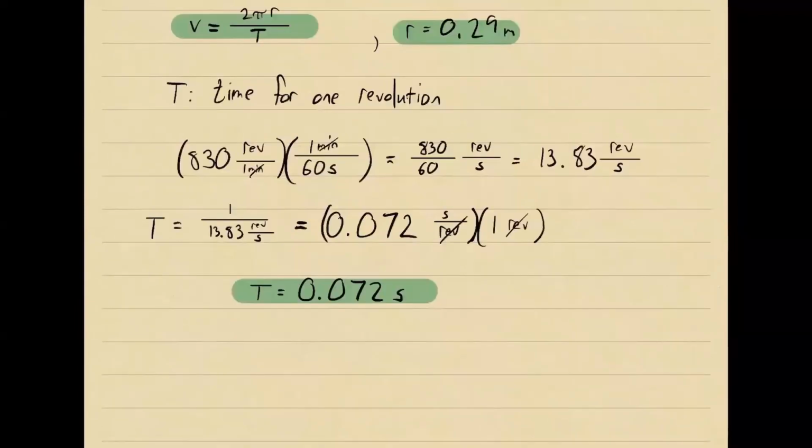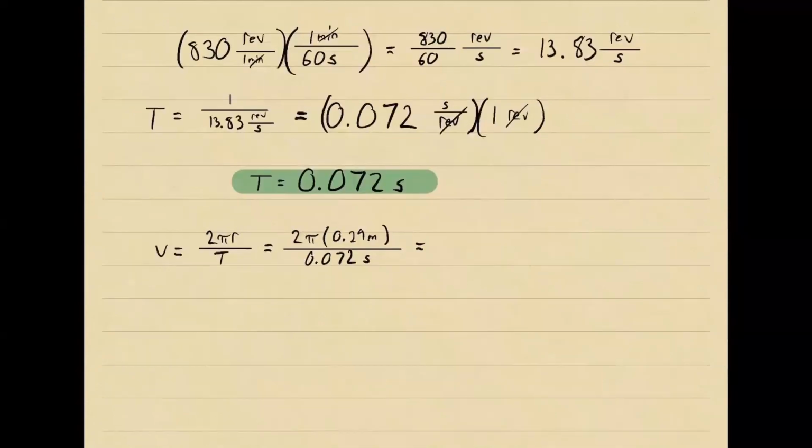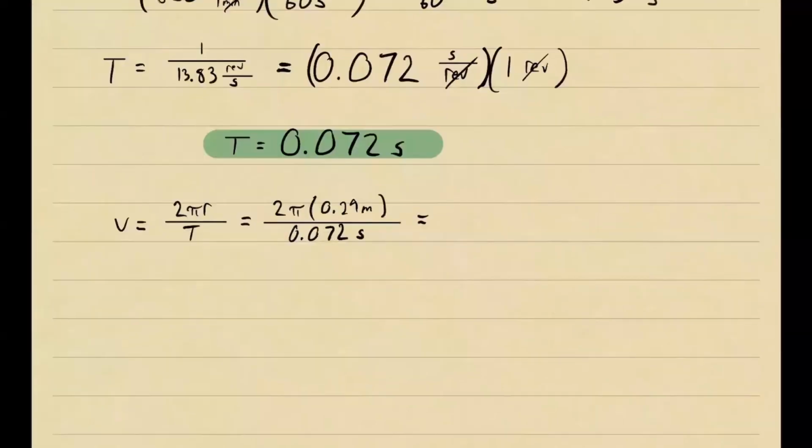So we have that v is equal to 2 pi r over T. So we have 2 times pi times r, so it's 0.29 meters, and we're dividing by the period, 0.072 seconds. We do this, and we get that the outer edge of the wheel is moving at a speed of 25.2 meters per second. And this is our answer.